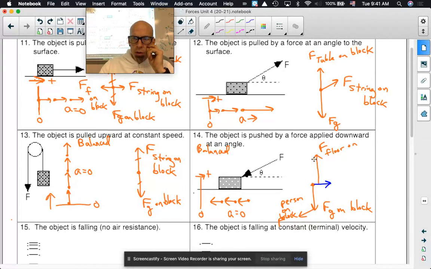So if I put all these back where they were supposed to be, what could be pulling on the block to the right? I hope you're thinking that there could be a friction force between the floor and the block.